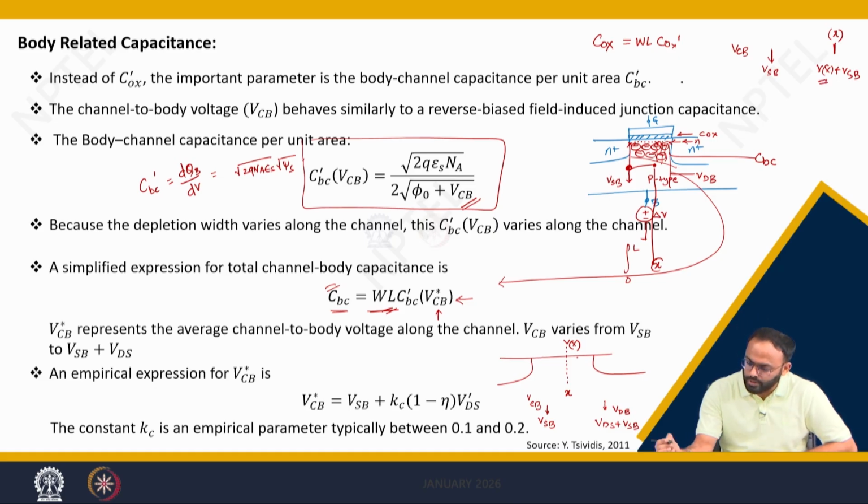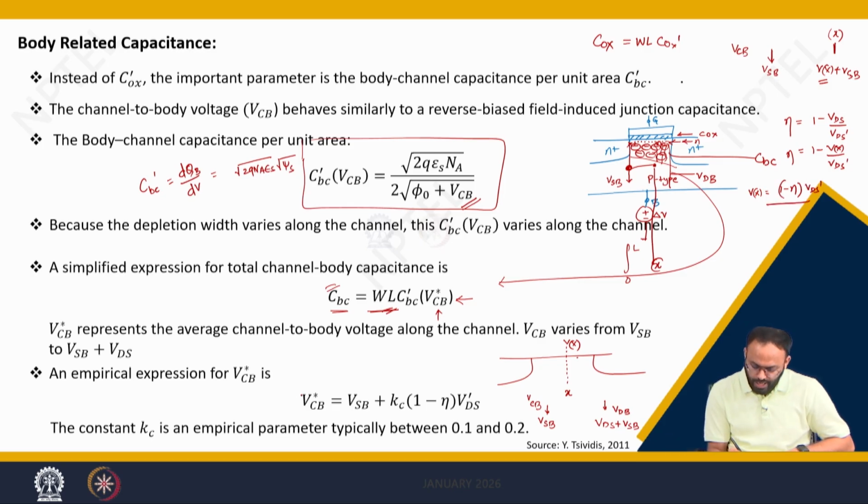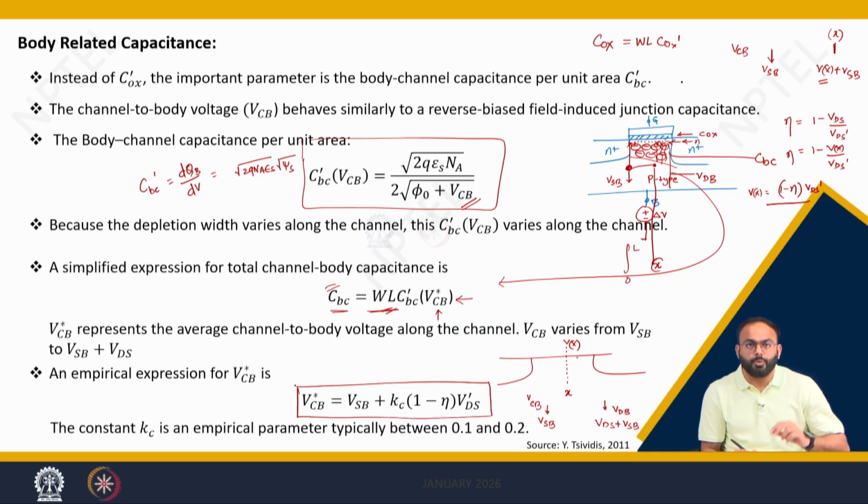Now how can I calculate Vx? By using a function of eta. Eta is equal to 1 minus VDS divided by VDS dash. So if I want to calculate at a location X, I can simply rewrite it as 1 minus Vx divided by VDS dash. So Vx can be written as (1 minus eta) into VDS dash. That is the equation we have written for VCB, which varies from VSB to Vx, and Vx is nothing but (1 minus eta) into VDS dash with some correction factor.